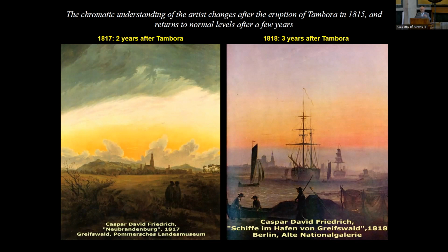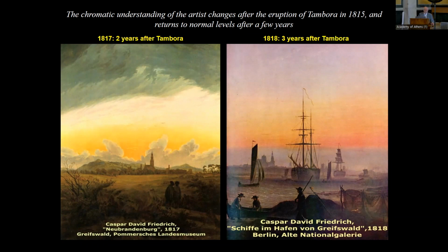We need sunset or sunrise to have a long path of solar radiation through the atmosphere. And you can see here how Caspar David Friedrich has painted these two paintings, one about 2 years after Tambora and one 3 years after.